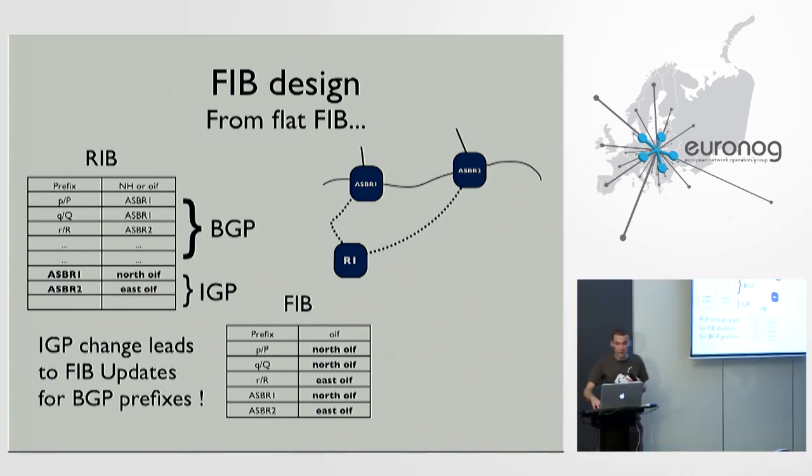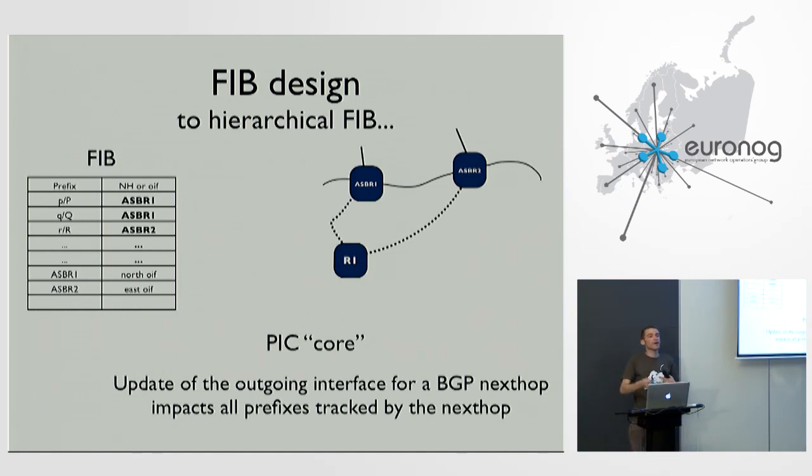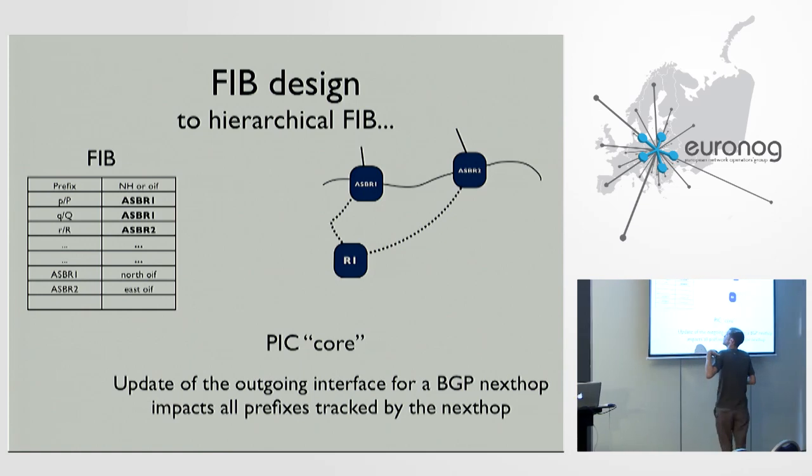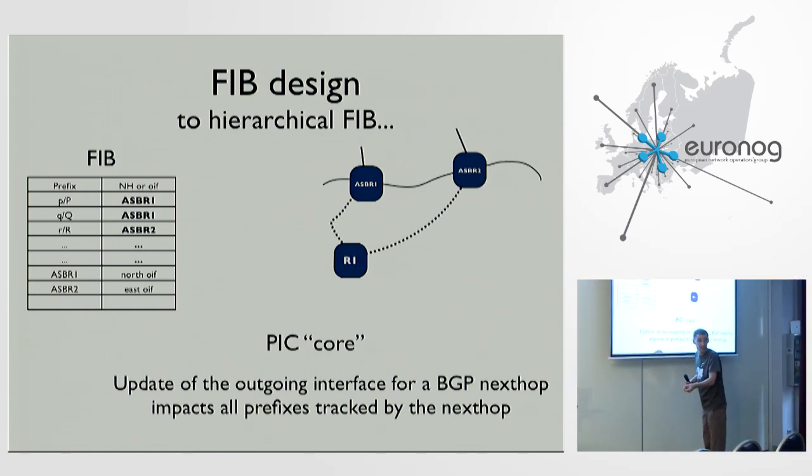From there, we can move to what we call a hierarchical FIB, where we no longer flatten the routing information base to be downloaded as a FIB, but that recursion is still apparent in the forwarding information base. What it means is that at forwarding time in the data plane, when you do a lookup for a given destination IP, you will figure out not the outgoing interface to be used, but you will get the next hop. And then you do another lookup in the pipeline on the forwarding information base in order to figure out what is the outgoing interface for that next hop.